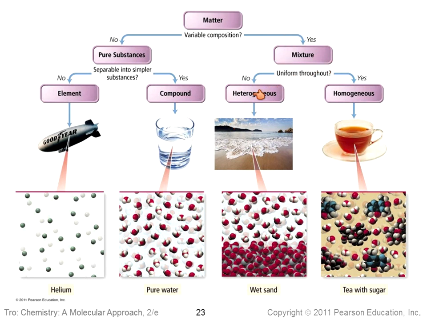The other way to classify is a mixture. It can be heterogeneous or homogeneous. Heterogeneous, we see two different phases down here, say between sand and water. But a homogeneous, there's no two different phases. Everything kind of agglomerates together, such as tea and sugar in water.